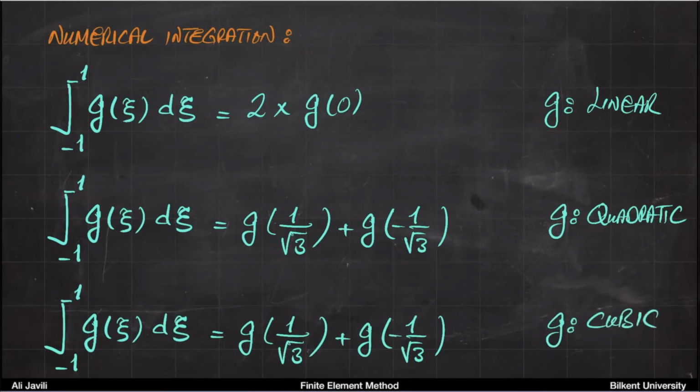So these 2 points, they not only work if G is quadratic, they also work if G is cubic. So even if you have a cubic function or cubic polynomial, and you want to integrate, you can use this. Okay. So this thing that we do is also referred to as a Gauss quadrature formula.